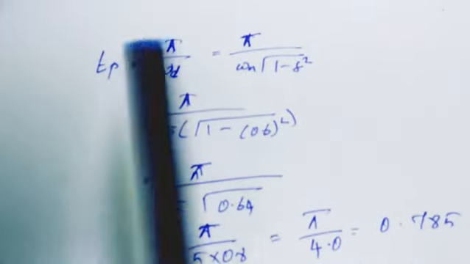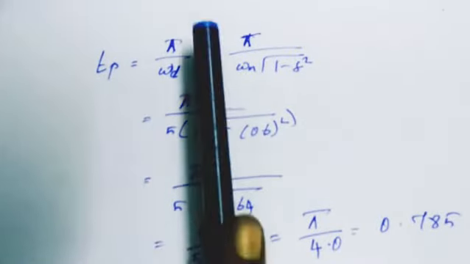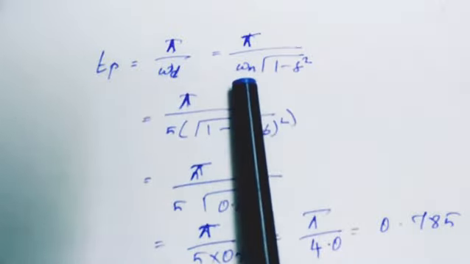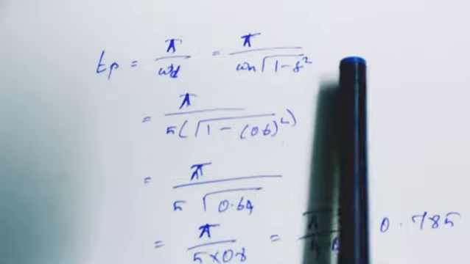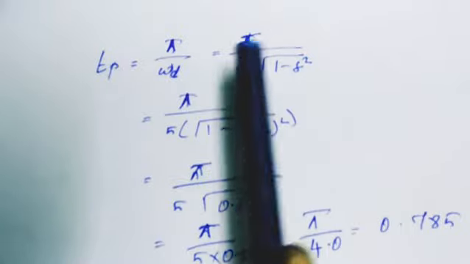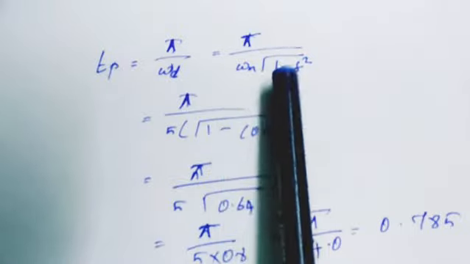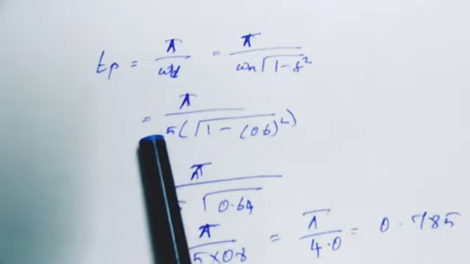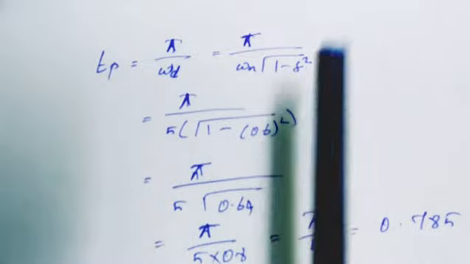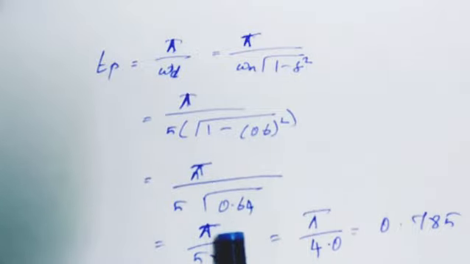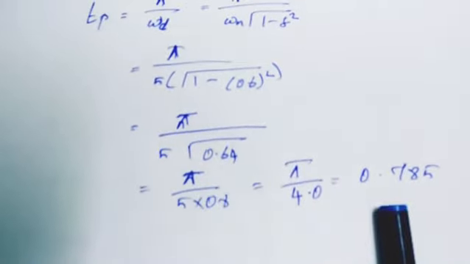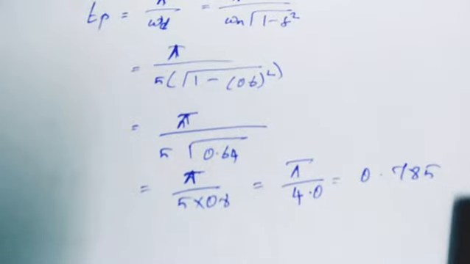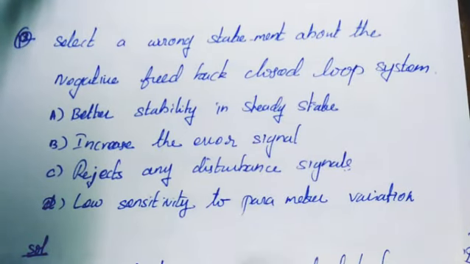So we know the formula for peak time, it is Tp equal to pi divided by omega d, and we know that omega d is omega n into root of 1 minus delta square. So while substituting the values for delta and omega n, we'll be having our peak time as 0.785.